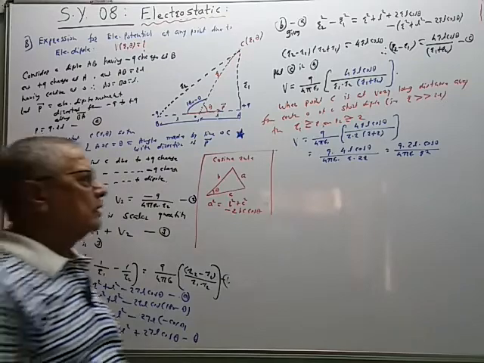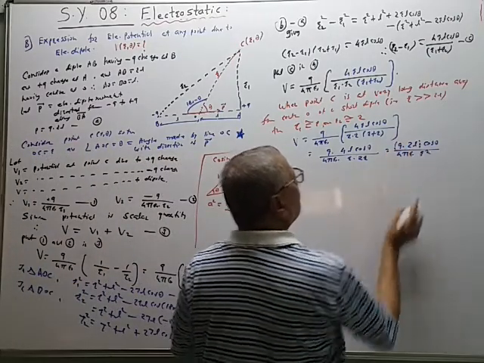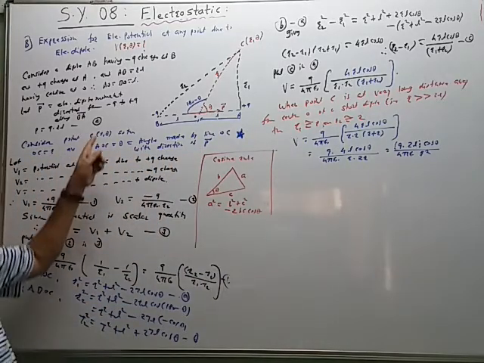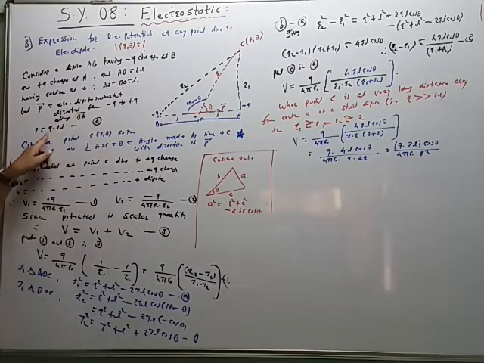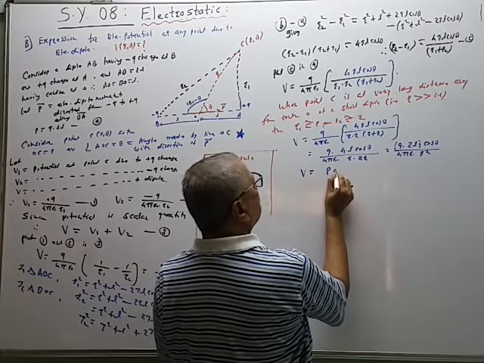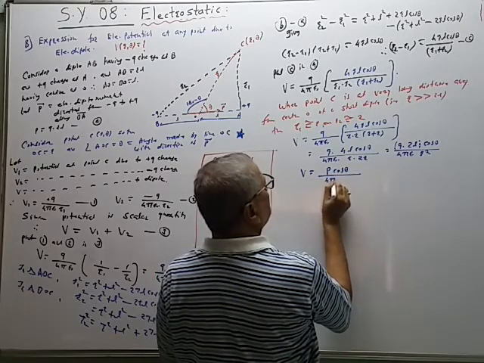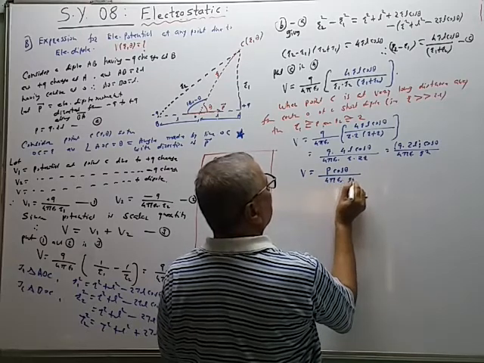Potential has R square in it. So in this bracket, Q upon 2L. This is equation E. Q into 2L, the product of charge multiplied by dipole length, is equal to dipole moment. So this is dipole moment. So V is equal to P cos theta upon 4 pi epsilon naught R square.